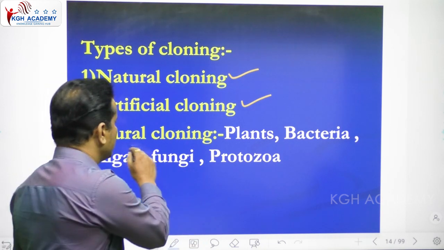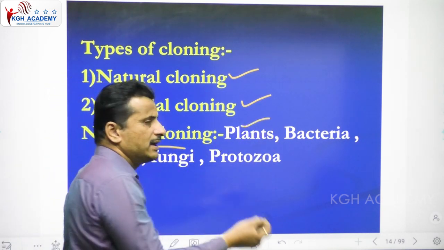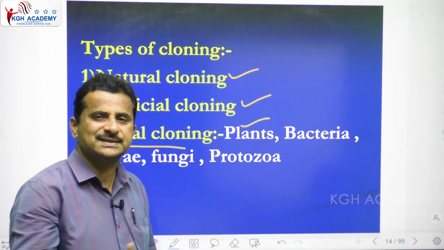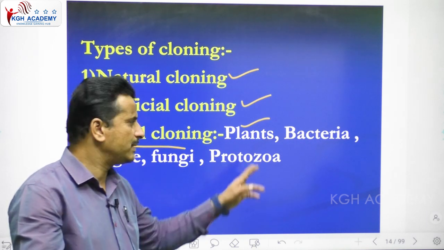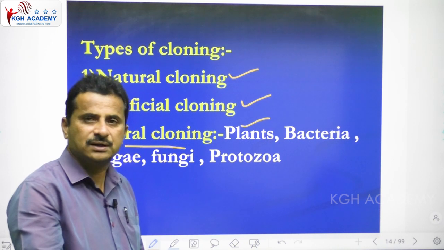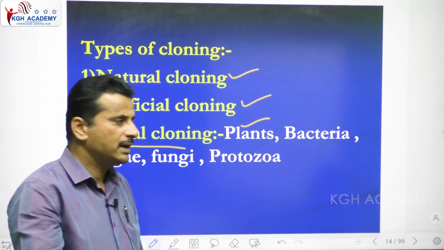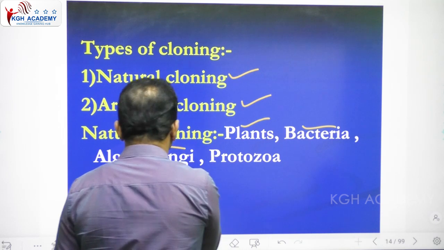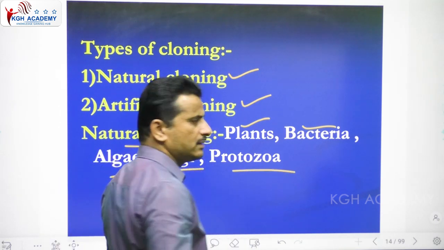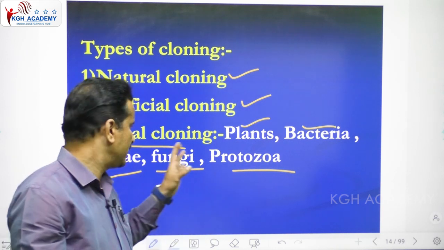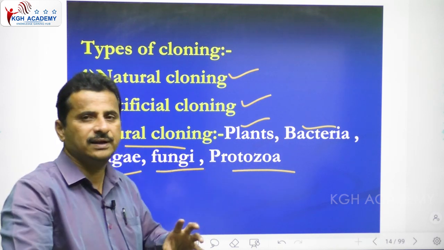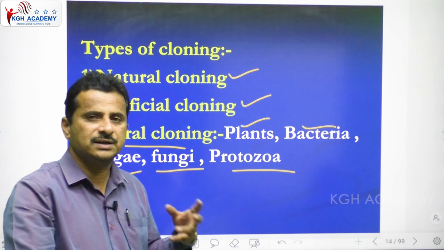See here, natural cloning. Plants, I already explained: through stem cuttings, clonal propagation, plants show cloning. And bacteria, algae, fungi, protozoa, all these are microorganisms. Sometimes algae and fungi are large-sized organisms.